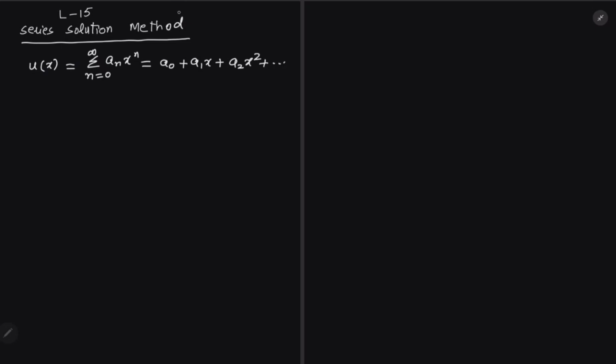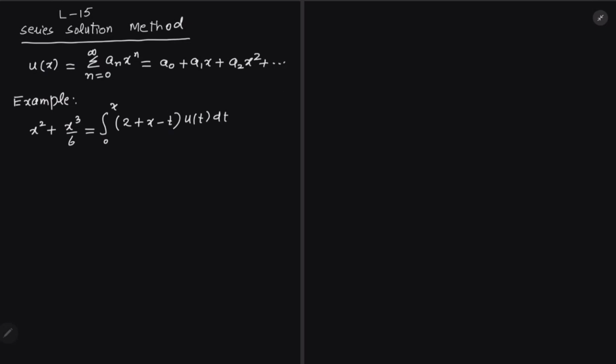So let me just solve an example. Suppose we have x square plus x cubed by 6 is equal to the integral from 0 to x of (2 plus x minus t) u of t.